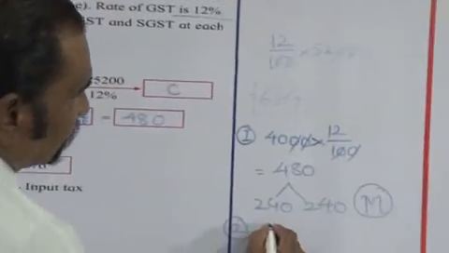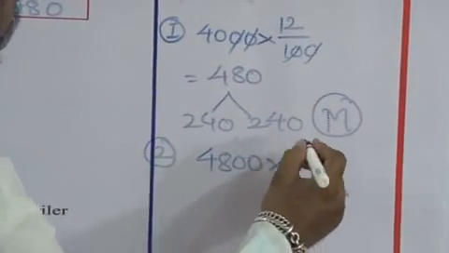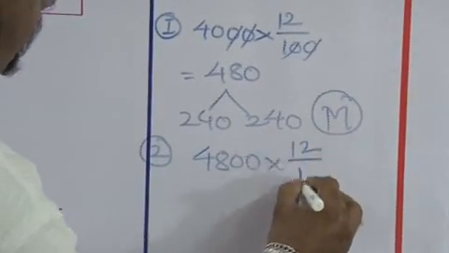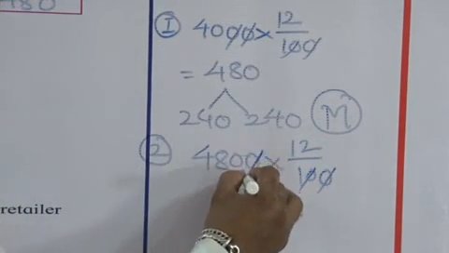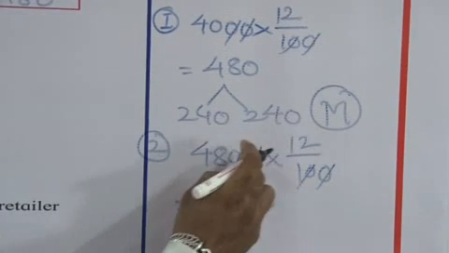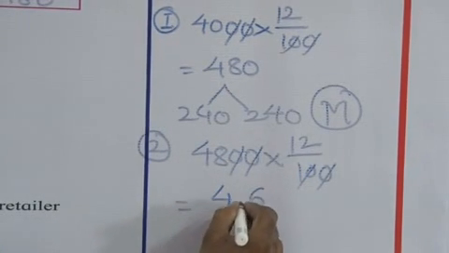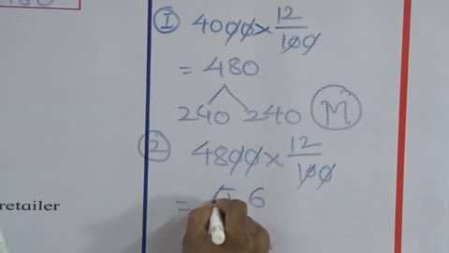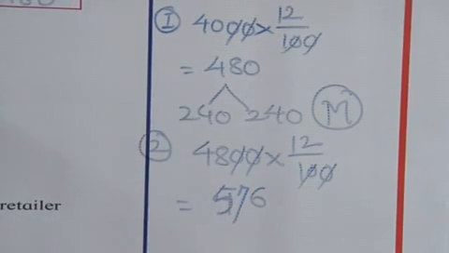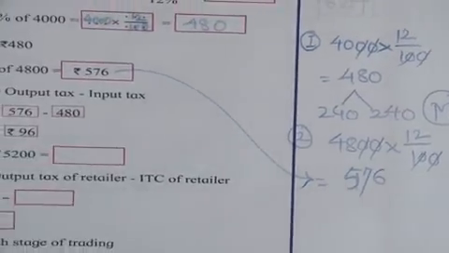Therefore 4,800 tax paid by the wholesaler, 12 upon 100. This 20 gets cancelled. It is 576. Again it is divided into two parts.